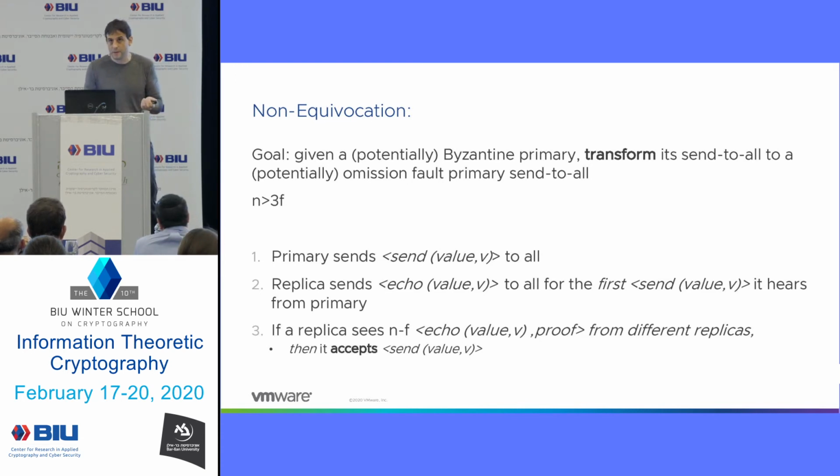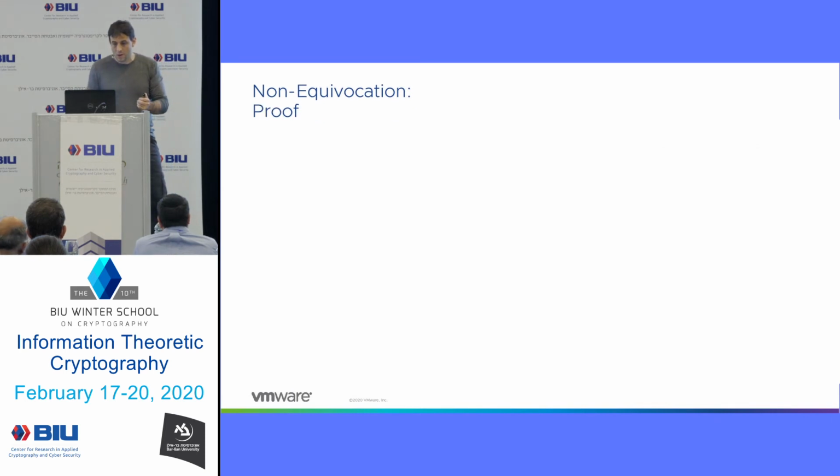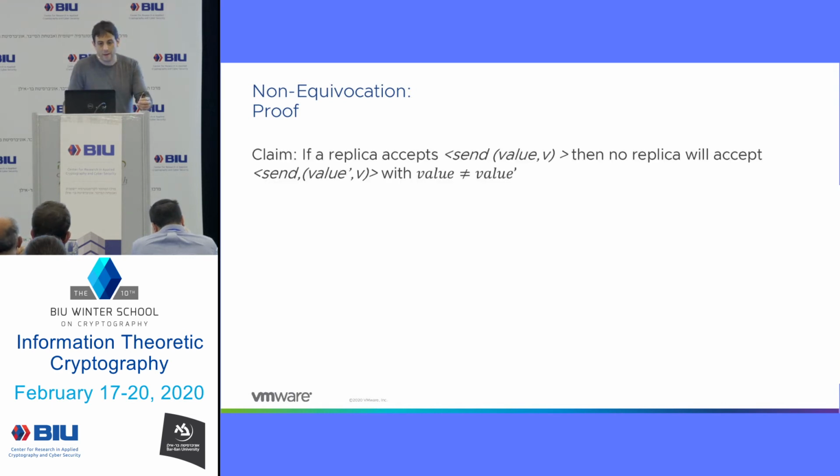Why is that the case? Yeah, so there's 2f+1 honest and f, so there's even more than a majority. So really what we want to prove is that it can't be that one person accepts value v and the other person accepts value v prime.